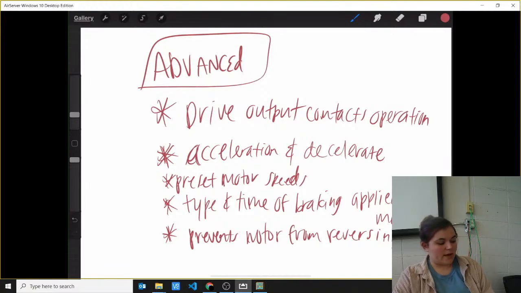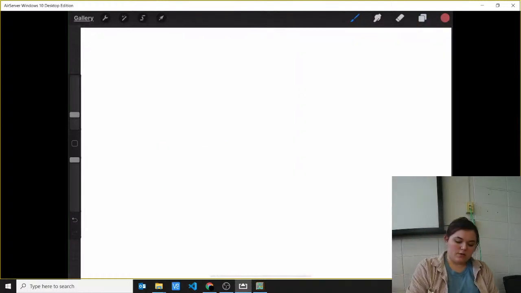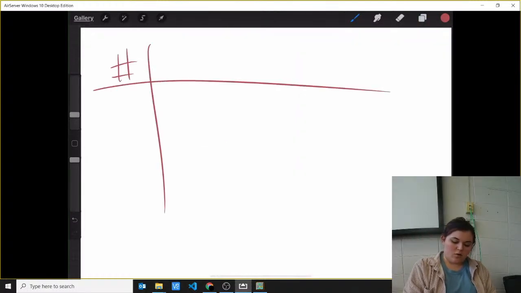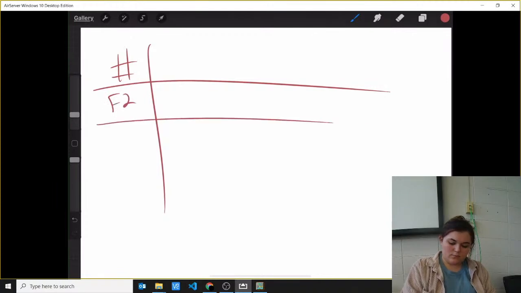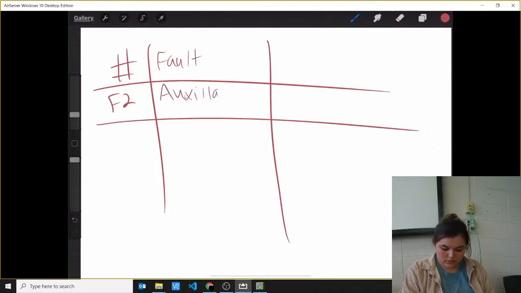We've already talked about that, but fault codes, this is an example of what a fault might read. So the number of the fault might be F2. I'll just go ahead and write this down because I know you like seeing it. So the number of the fault might be, say, F2. But the fault would be auxiliary input.